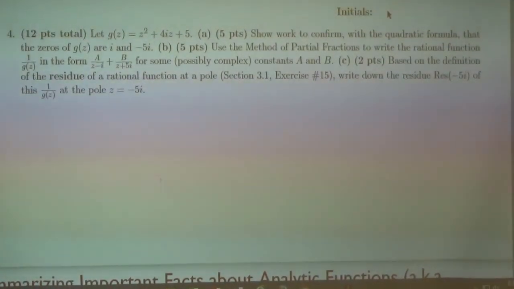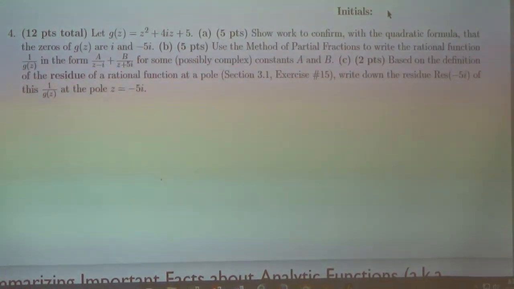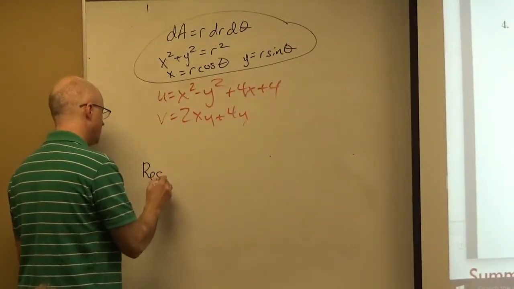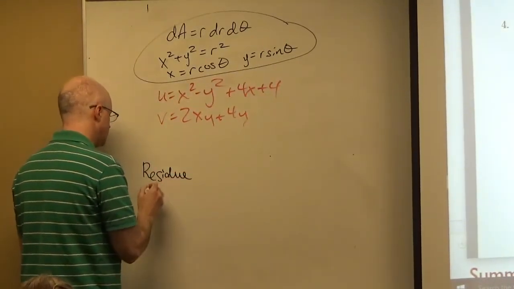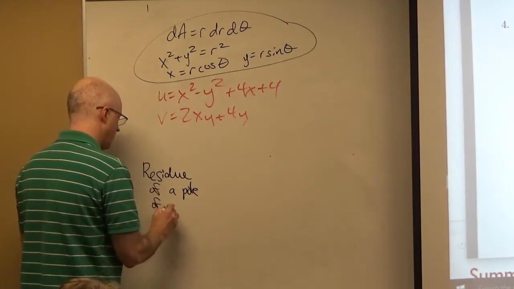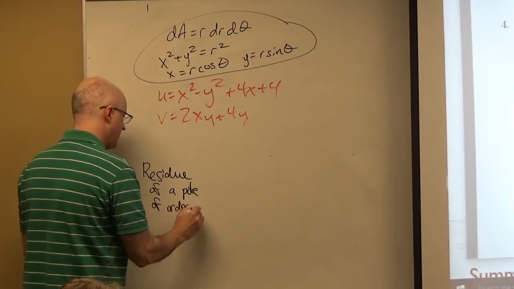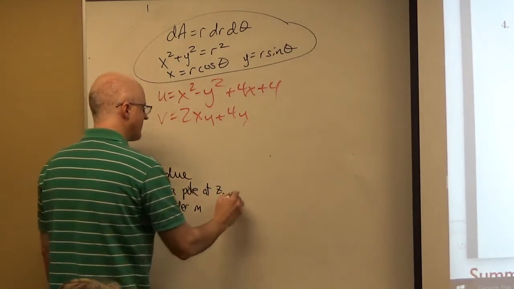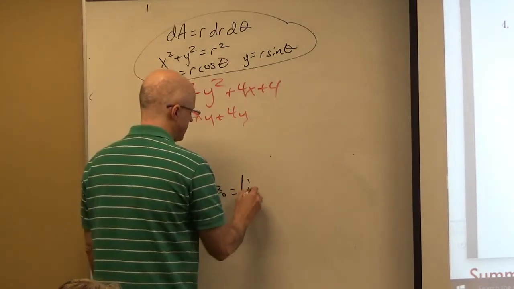And coming forward to what we've done since exam 3, you should also be able to use this general formula. The residue of a pole of order m, pole at z0, can be calculated as a limit.